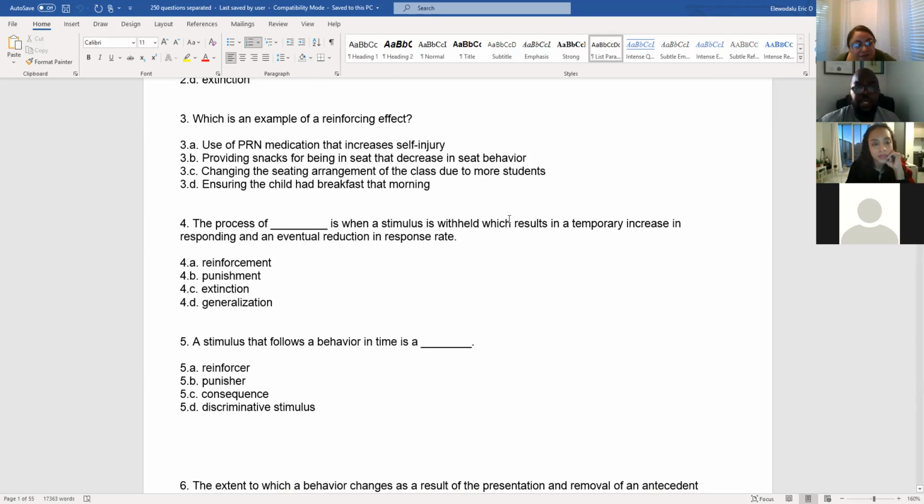Which is an example of a reinforcing effect? The use of PRN medication that increases self-injury; providing snacks for being in seat that decreases out-of-seat behavior; changing the seating arrangement of the class due to more students; ensuring the child had breakfast that morning.